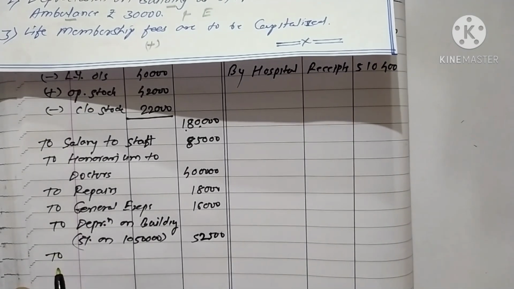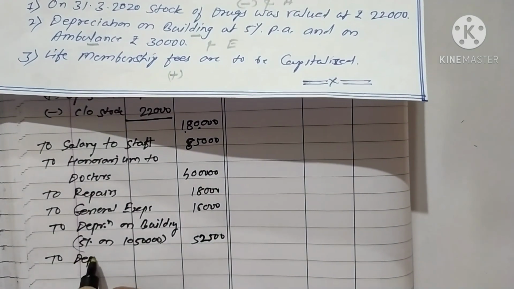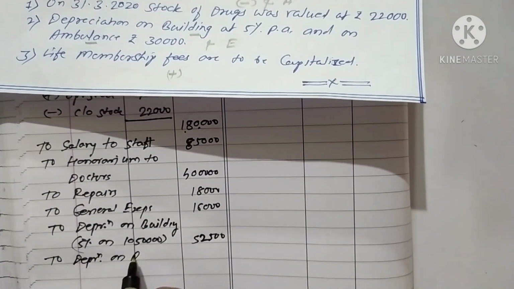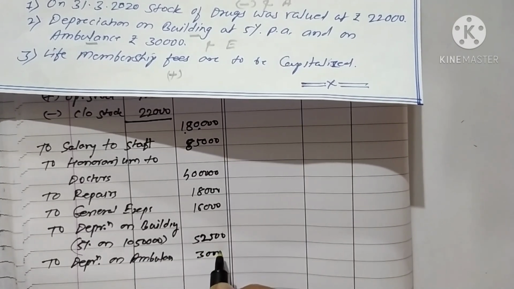Now to depreciation on ambulance, rupees 30,000.